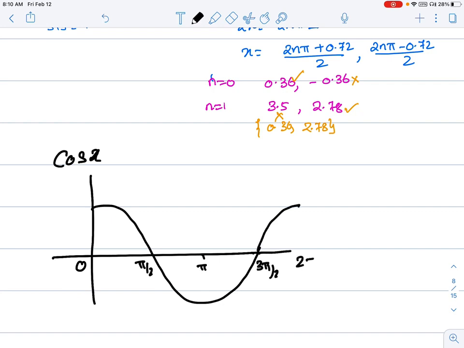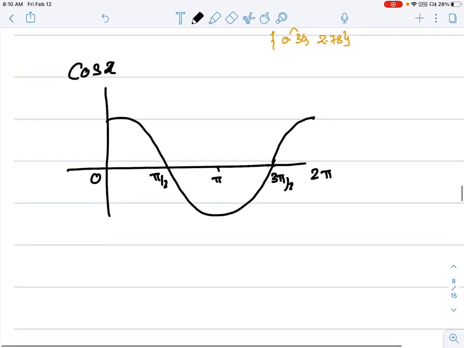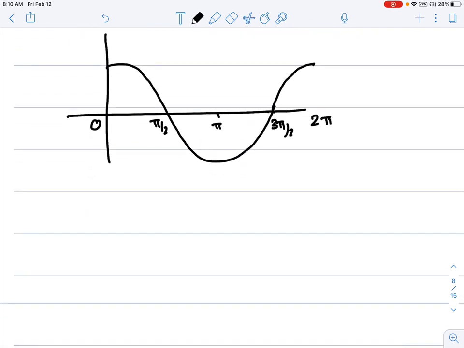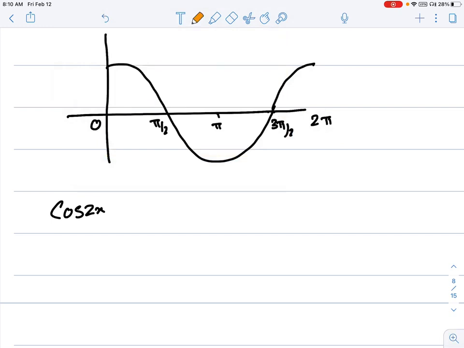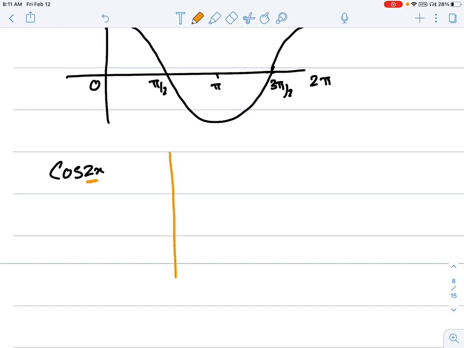Okay, cos x. But I want cos 2x. When I want cos 2x, we have to be careful. Last time I did 2 cos x, but it is cos 2x. So all the values of x should be divided by 2. So that is my step 2.